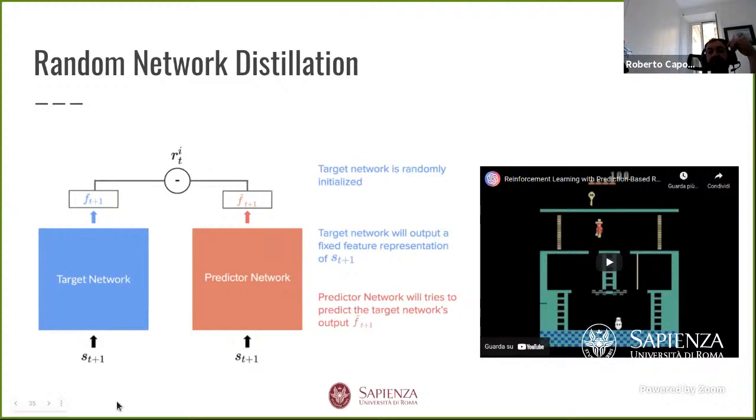Okay, so basically, the larger the difference between these two things, meaning that the predictor network doesn't know how to predict the target network featureization, then the larger the reward. So this means that the network promotes exploration of new states, exactly as the other approach, except that now we are using an output of a target network.